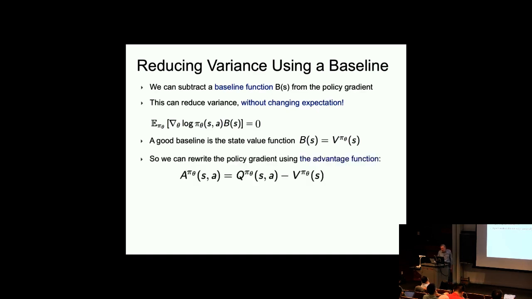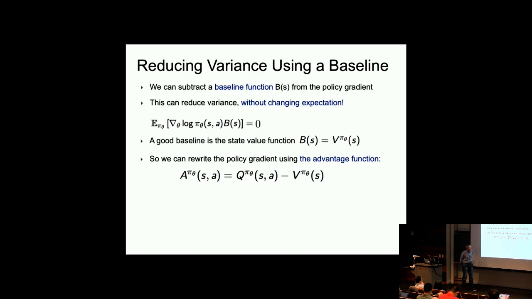And so we mentioned that a good baseline to use is the value function itself. And that allowed us to define what we call the advantage function. The advantage function for some policy is just the difference between the Q value and the value of being at the state. And so you can think of this as the advantage of taking action A from state S.